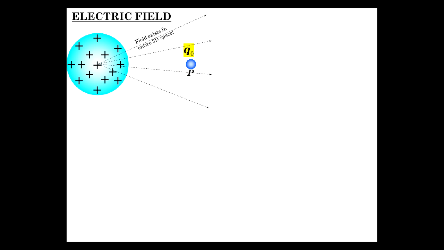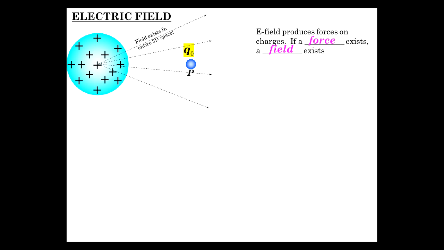Now, if we put a positive test charge, Q0, at point P, there is an electric field that this charge is subjected to. And electric fields produce forces on charges. In fact, if a force exists, a field exists.